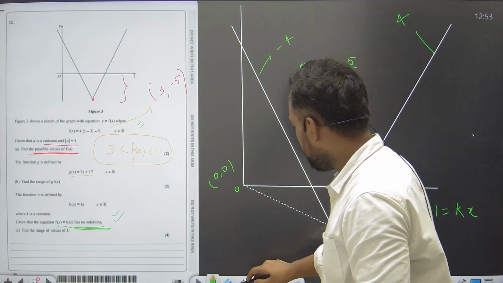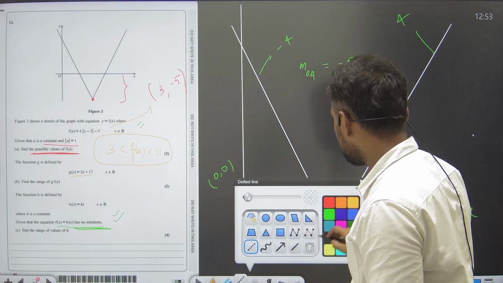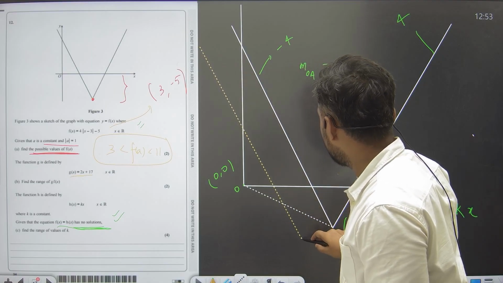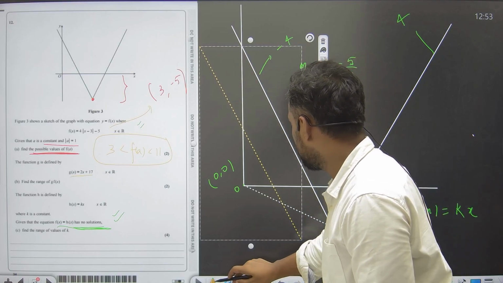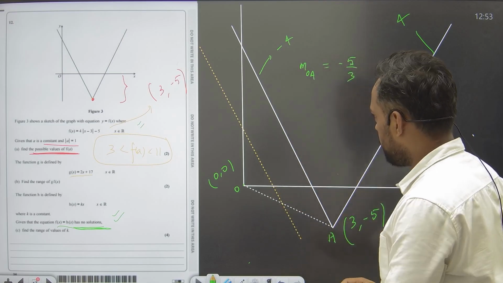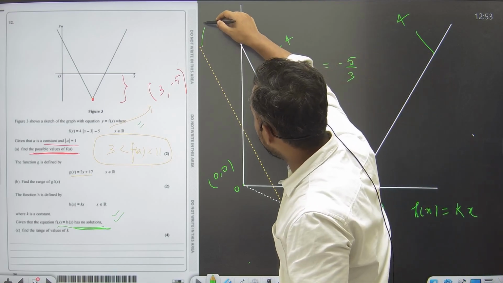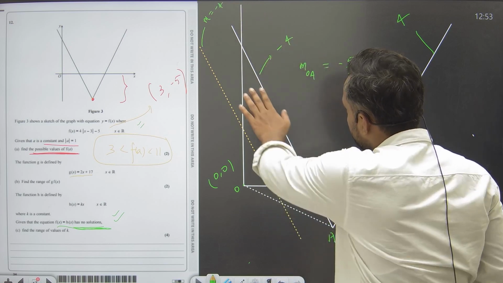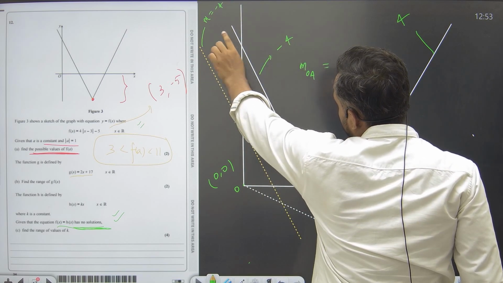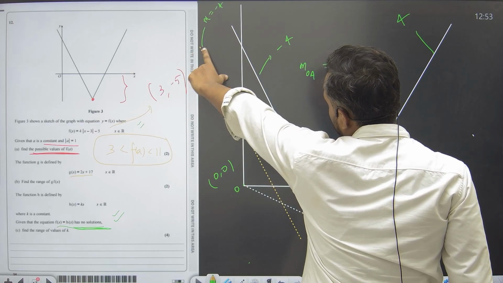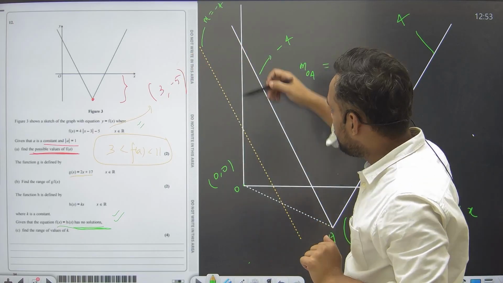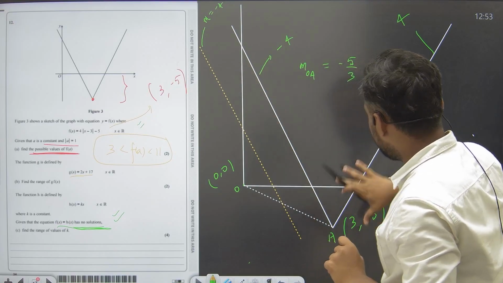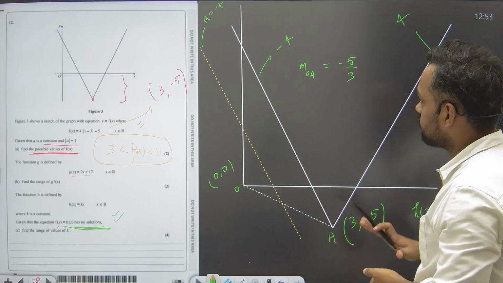If any line is there, student, now we are taking any line. This is any line which we have taken. So we can say that it is parallel to this particular line. So if it is parallel, the slopes of this line and this line will be equal. And we can also observe that this particular line will never intersect with this graph of f(x).